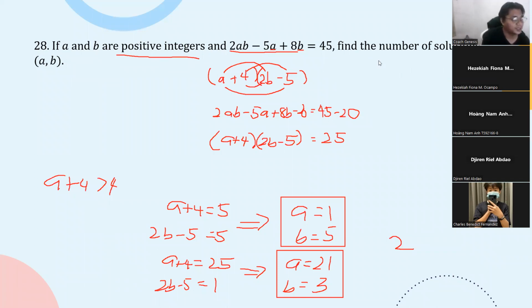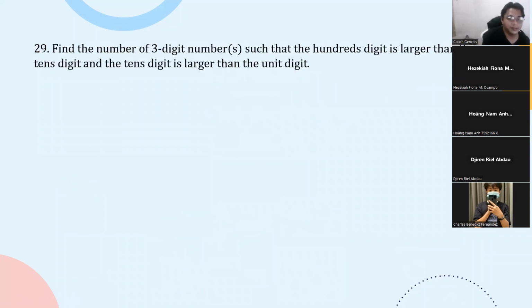Okay, so let's proceed with number 29. Find the number of three-digit numbers such that the hundreds digit is larger than the tens digit and the tens digit is larger than the units digit. Okay, so the first thing, of course, is we know that A is greater than B is greater than C. Right?